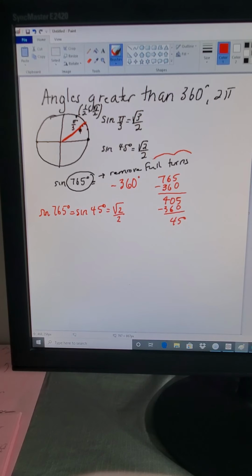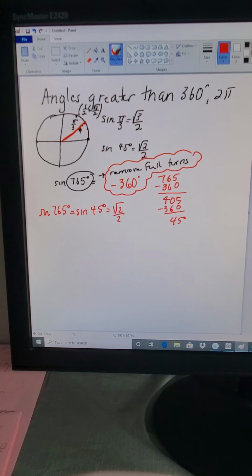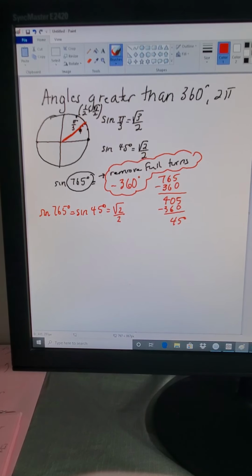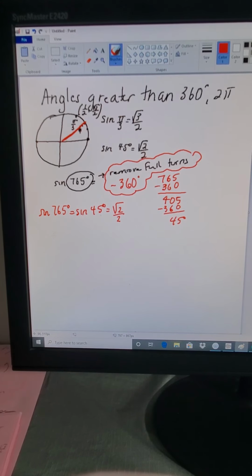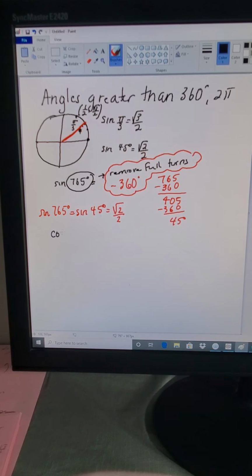There are different ways you can do it. The easiest way is to remove multiples of 360. And if you don't want to remove multiples, just keep removing 360. For example, let me do one more. What is the cosine of 630 degrees?